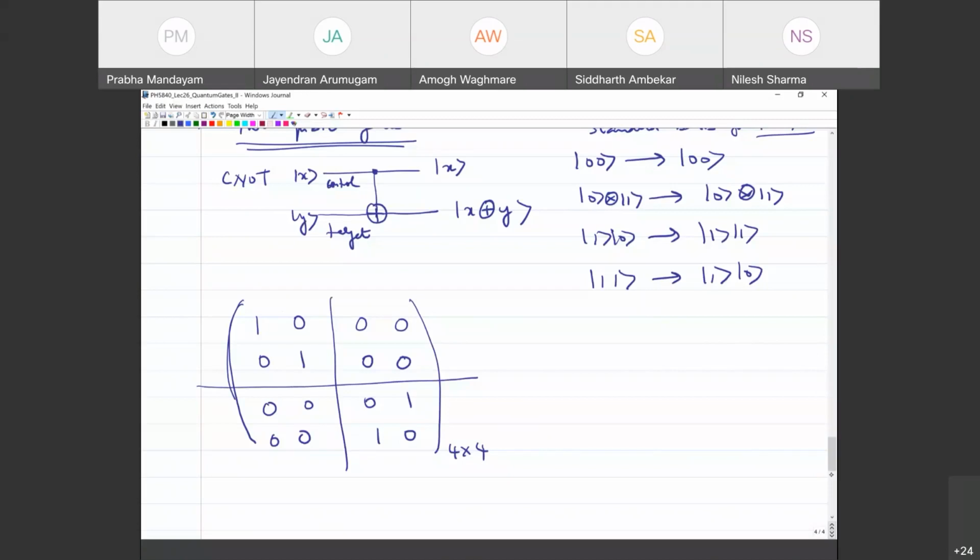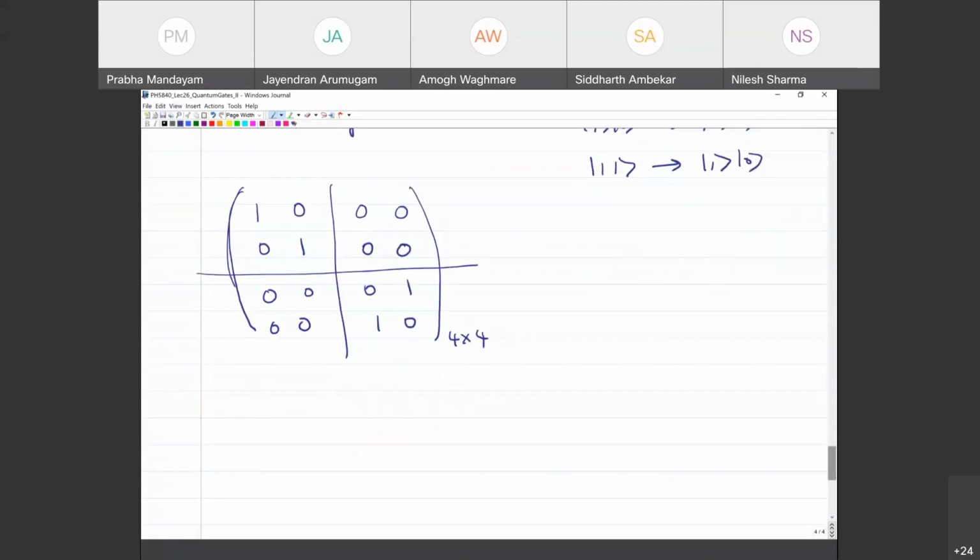So now I get a question whether the CNOT is the same as the 2-qubit gate identity tensor X? Now that we know the Kronecker product, we know how to take this tensor product of matrices and all that. Can you answer this question for me?